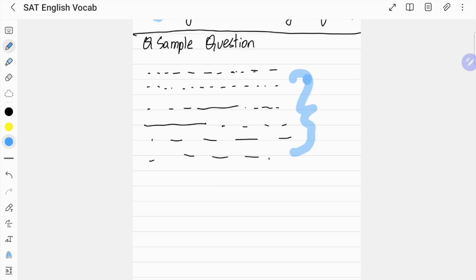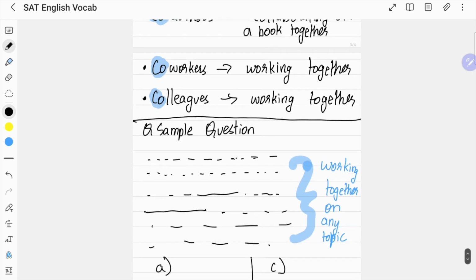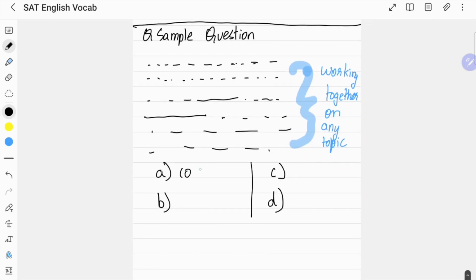This paragraph is about working together on any topic. And then you'll be given options to choose from: A, B, C, D. Each will have its own words. So let's say one will be colleagues. They can ask co-owners.